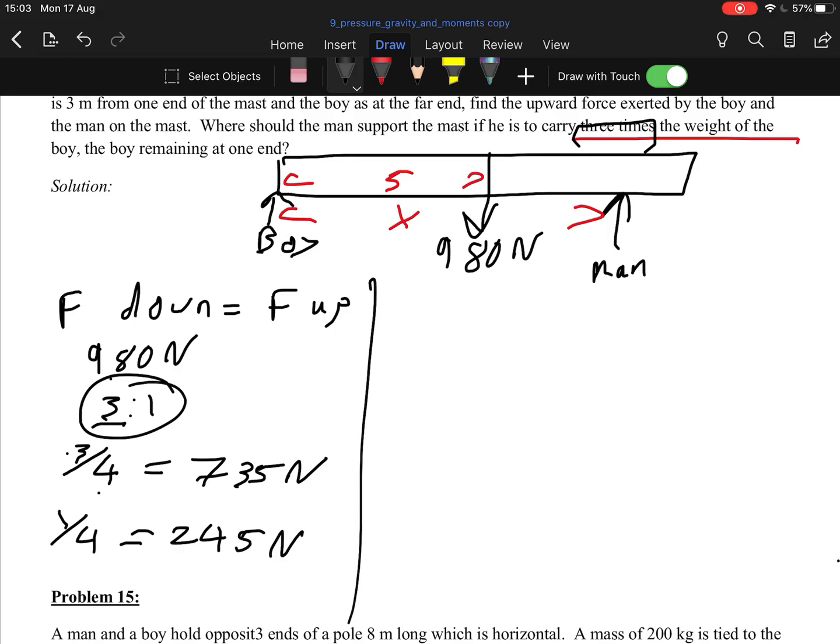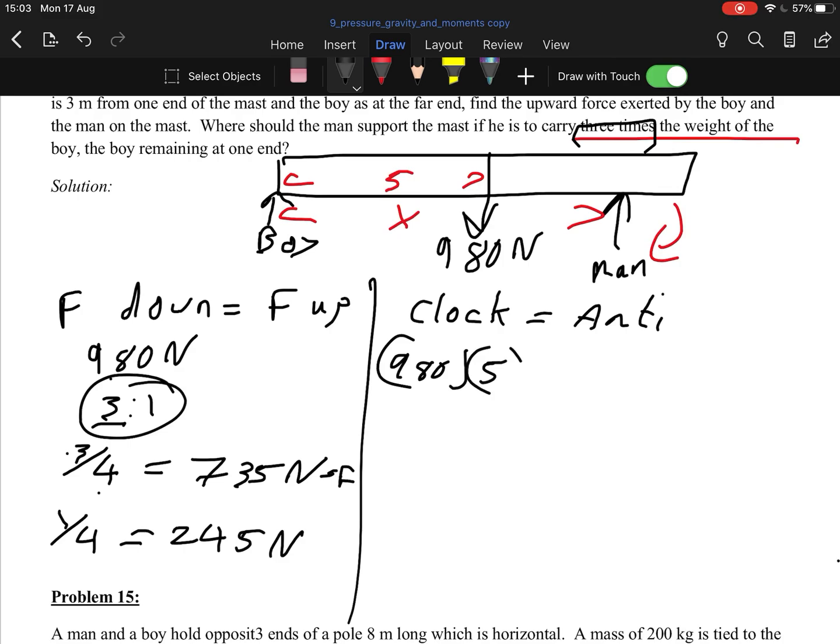Now we know how much the man has to lift, so we know the force F. About the boy, the clockwise equals the anticlockwise. The clockwise is, of course, the beam coming this way, whose force is 980, times distance, which is 5.